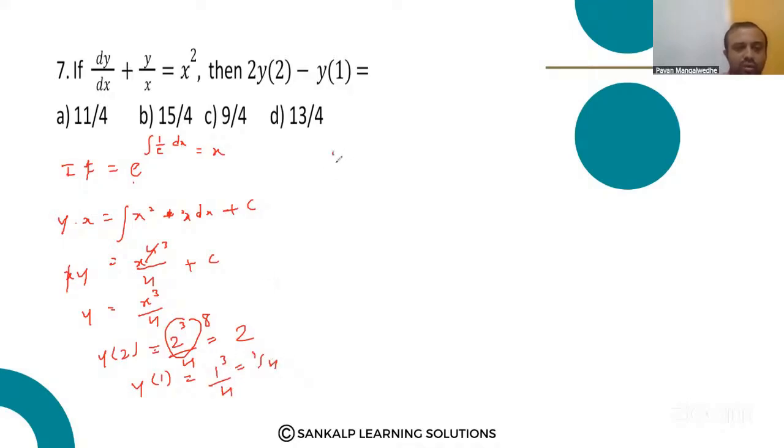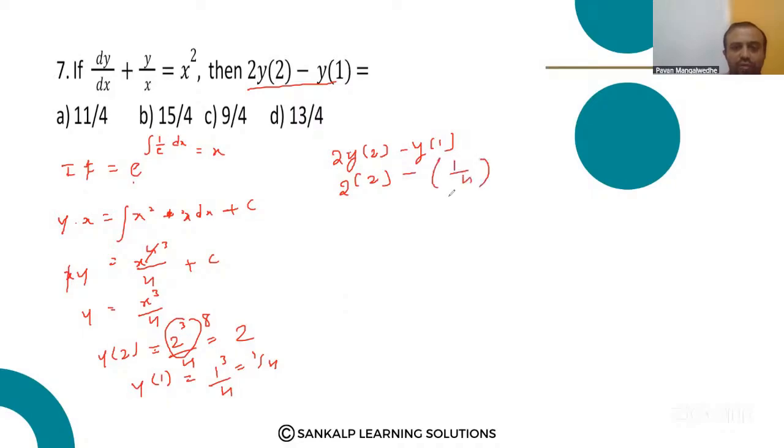So the expression is 2 into y of 2 minus y of 1. Y of 2 is 2, so 2 into 2 is 4, minus y of 1, which is 1 by 4.